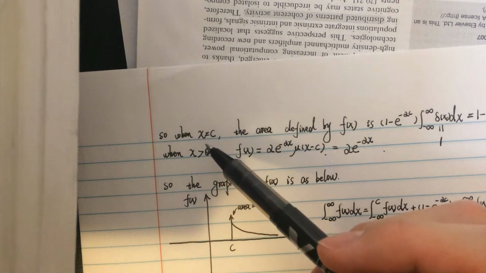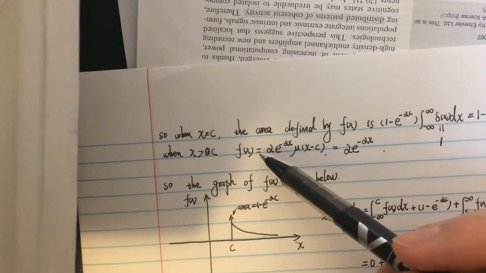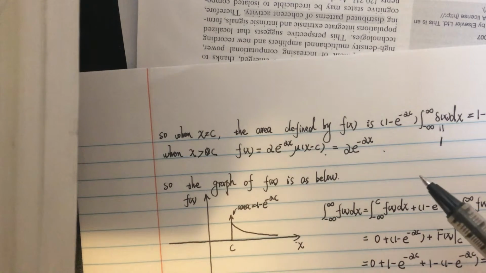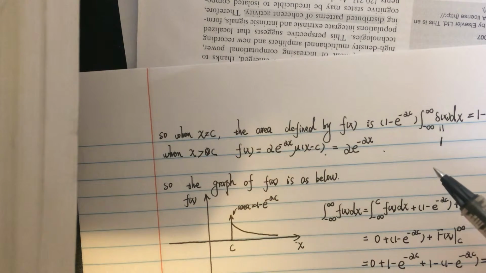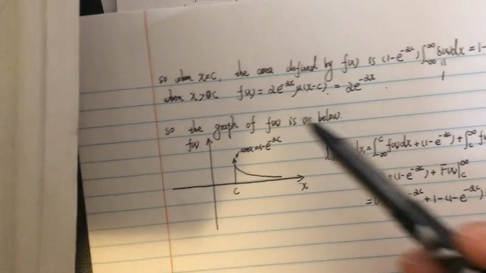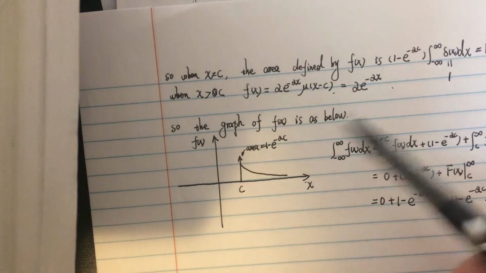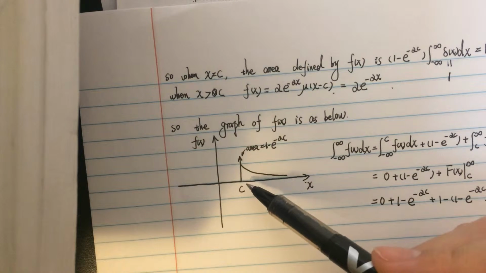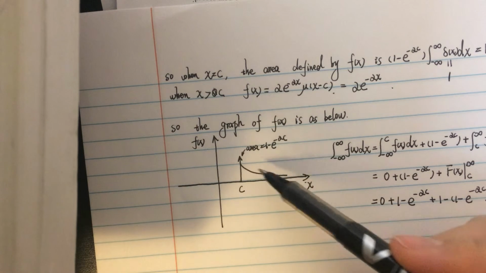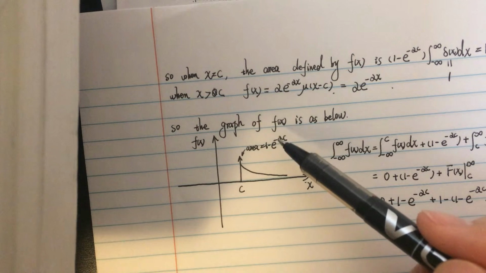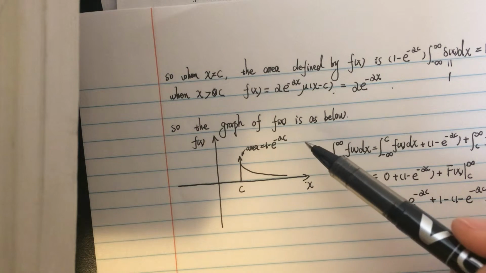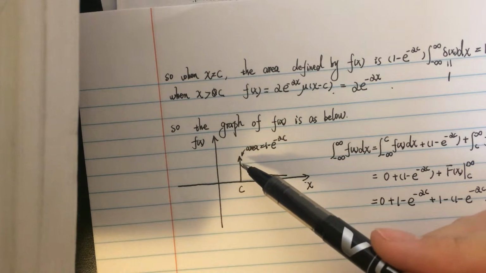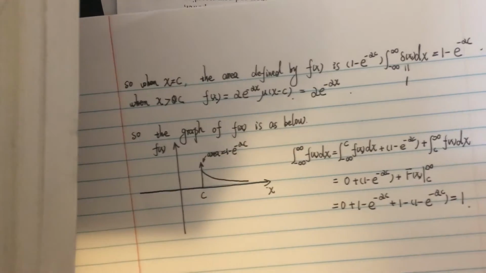When x is larger than c, f(x) equals this one. So we can now sketch the graph for f(x) just like this. When x equals c, the area defined at c is 1 minus e^(-αc), and as x grows, the graph is like this.